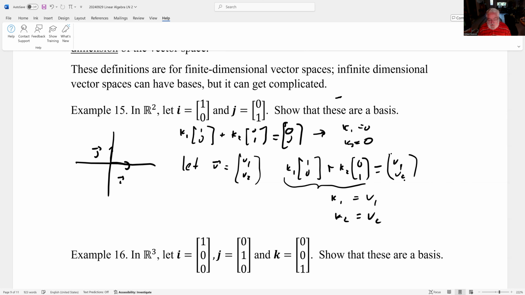So the v1 and the v2, that's the k1 and the k2 that you need to get the vector v1, v2. So any vector V can be represented as a linear combination of those two vectors. And that should not be v1 there, it should just be v1 i.